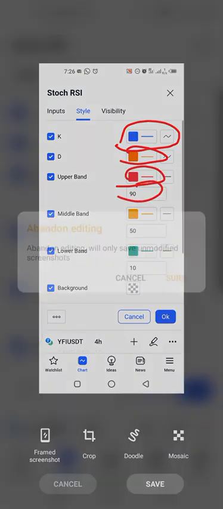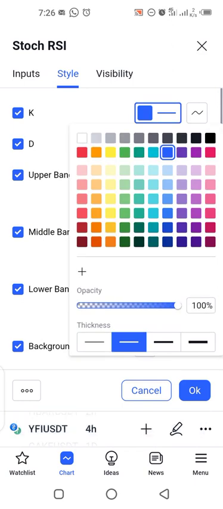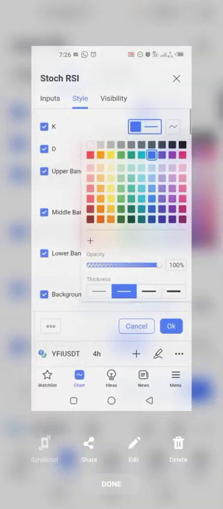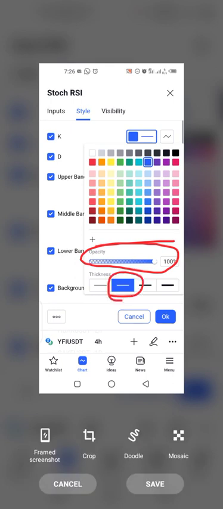So we tap on the blue, on K here, and we choose the blue, like you see I'm doing right away. Then I make sure my opacity is 100, and the thickness is here. So we are done with the blue.